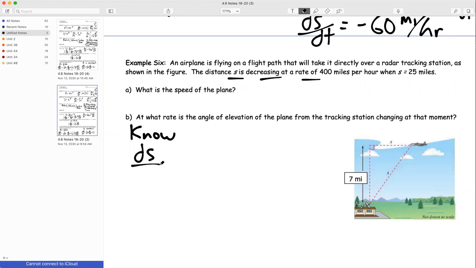One thing that I know is that ds dt is equal to, and since it's decreasing, I'm going to make the rate negative, so ds dt is equal to negative 400. Tell me one other thing that I know. I know that S is 25, so my hypotenuse here is 25.